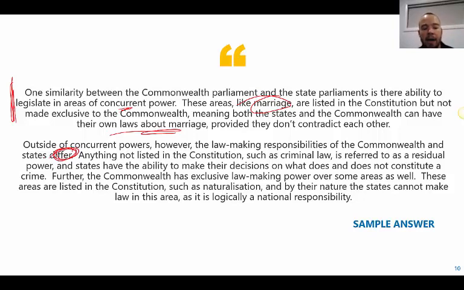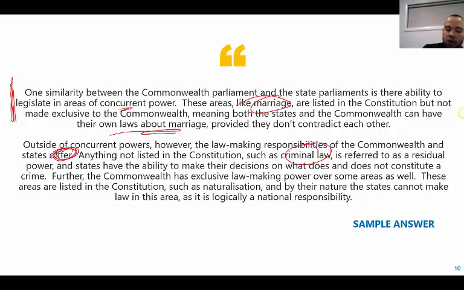Anything not listed in the Constitution, such as criminal law, so using an example, is referred to as a residual power, and states have the ability to make their own decisions on what does and does not constitute a crime. Further, the Commonwealth has exclusive lawmaking power over some areas as well.